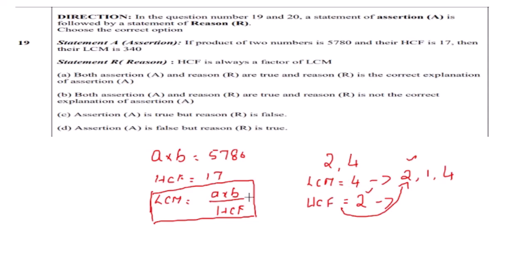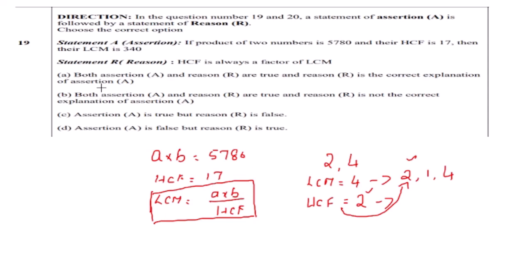But this statement R is not the reason for the statement A. That you have to understand, children. Here one statement we are given, assertion. That assertion is if A into B is equal to 5780 and HCF is equal to 17, then LCM is equal to 340. So the options.